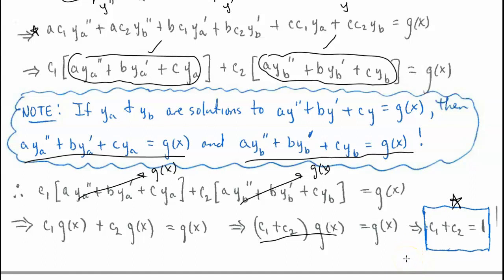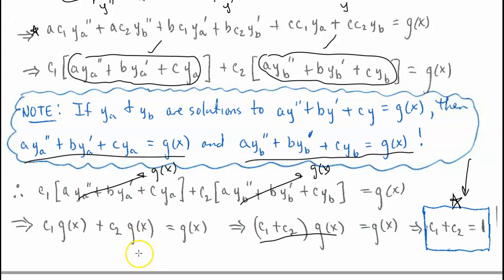Now, if you look at this, you say, okay, well, that's great. You give me a value of C1, I can give you a value of C2 based upon that. But what we need to realize is that because I have this condition, based upon what value of C1 I have, I have to pick a specific value of C2, which is really going to be 1 minus whatever C1 is. That's actually violating the superposition principle.